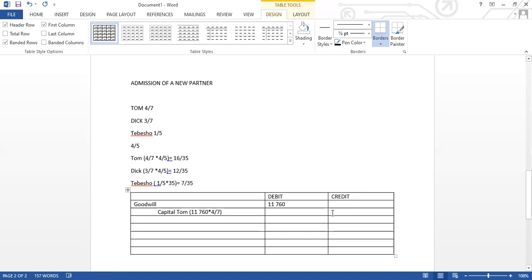So how much will Tom get? What is Tom's share of goodwill? 6,720.